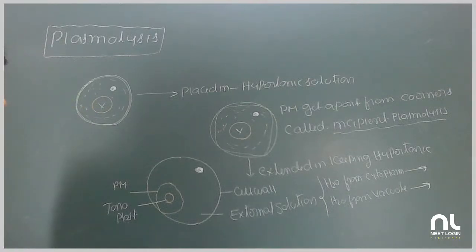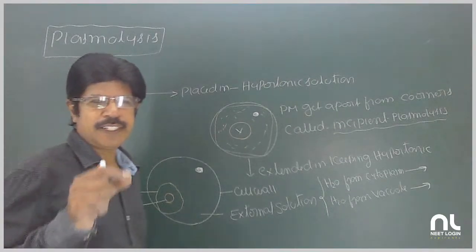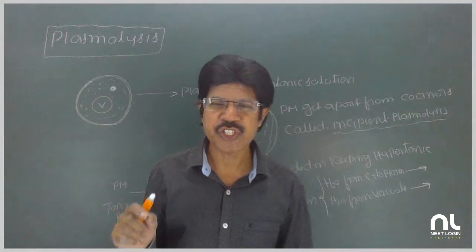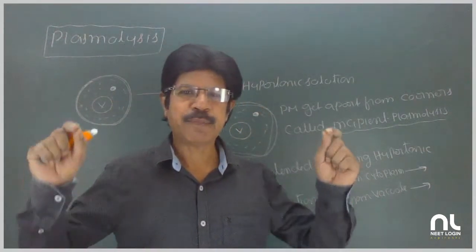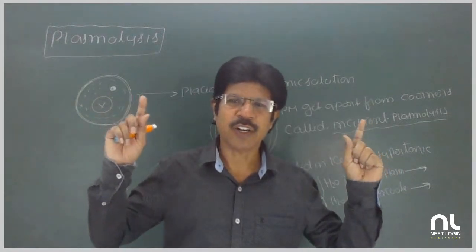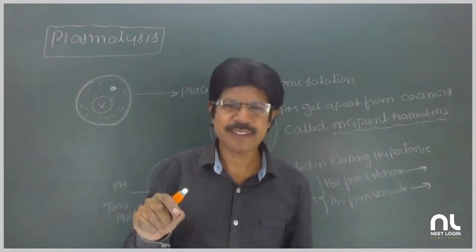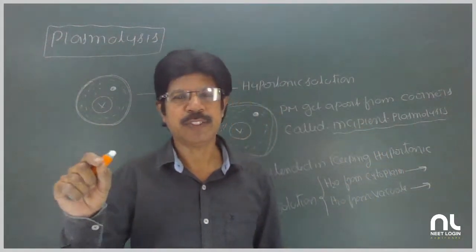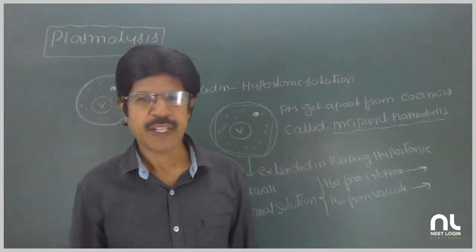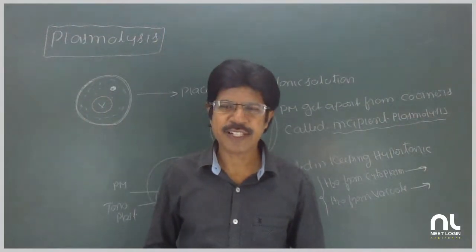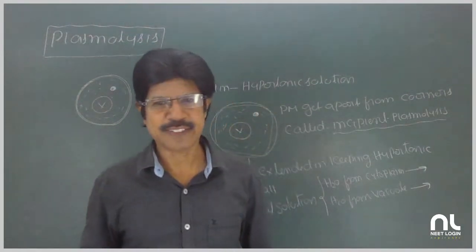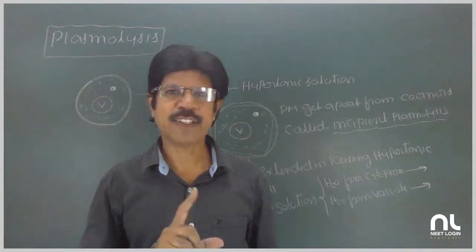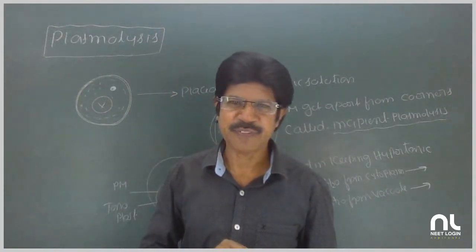When a cell is placed in hypertonic solution, initially you observe the plasma membrane gets apart from the cell wall at the corners. What do you call it? Incipient plasmolysis. With further extension in hypertonic solution, there is shrinkage of the protoplast because of the water potential gradient.